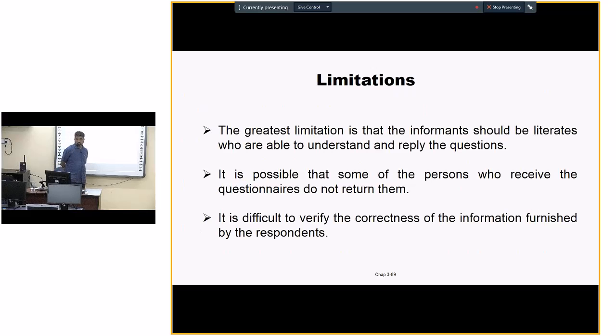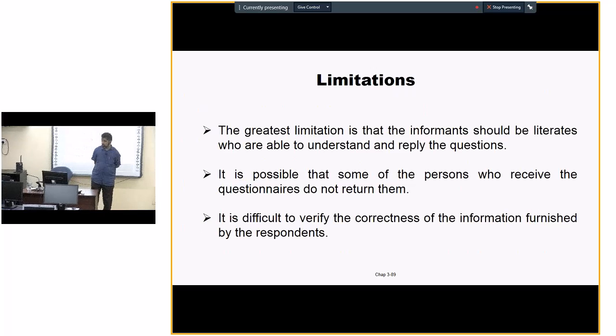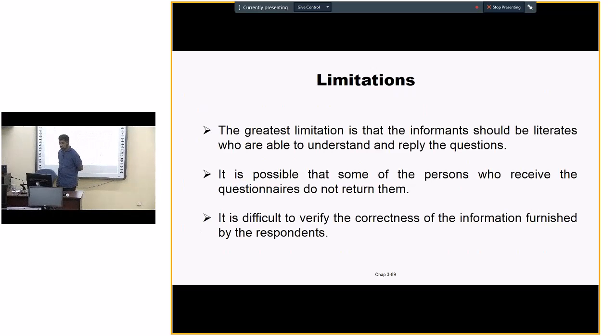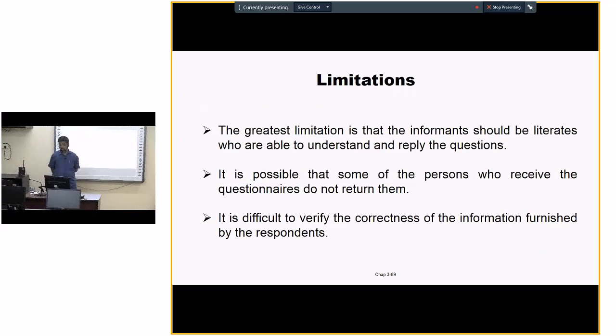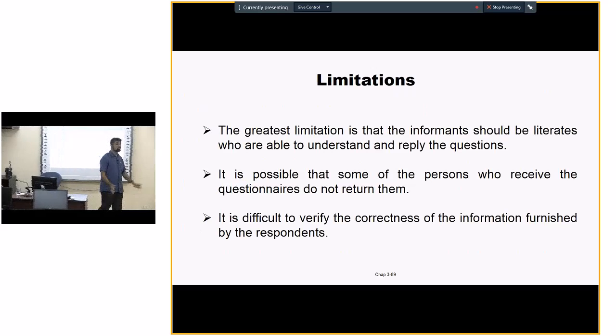The greatest limitation is that the informants should be literate, right? Literacy level is very important for applying this questionnaire method. It is possible that some of the persons who receive the questionnaire do not return them. Then the main issue of the questionnaire method is the response rate.